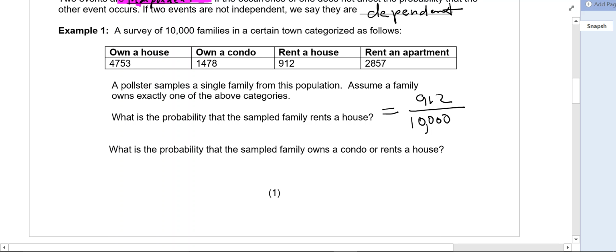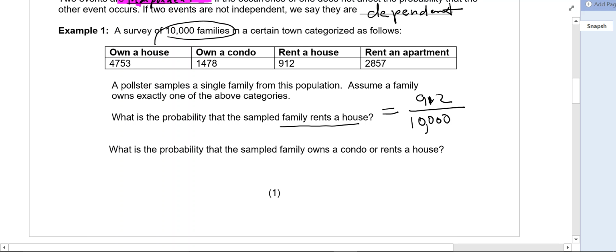This fraction represents the probability that a sampled family rents a house. The numerator is how many ways the event can occur. The denominator is the sample space.